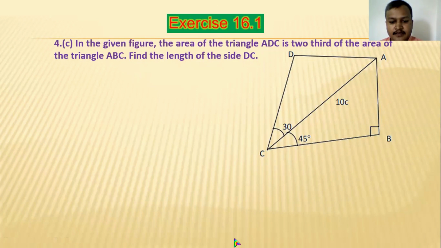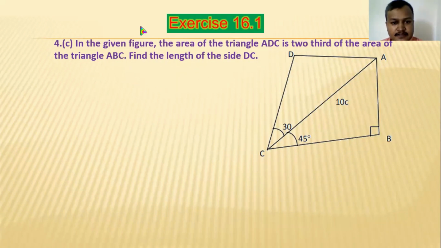By using the formula for area of triangle ABC and the formula for area of triangle ADC, we can find out the length of DC. And one condition is given, that the area of triangle ADC is 2/3 the area of triangle ABC. This is given to us. This condition also we have to use.